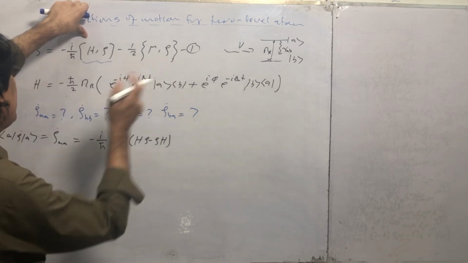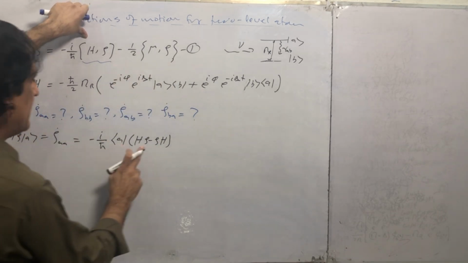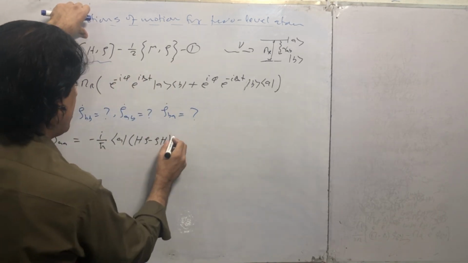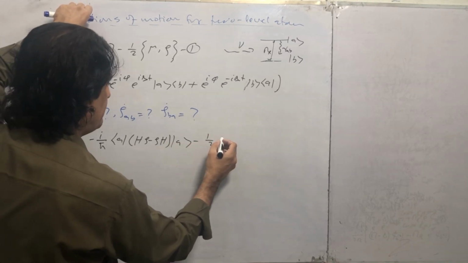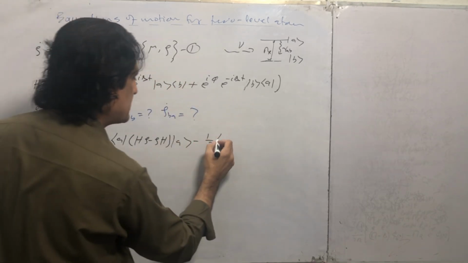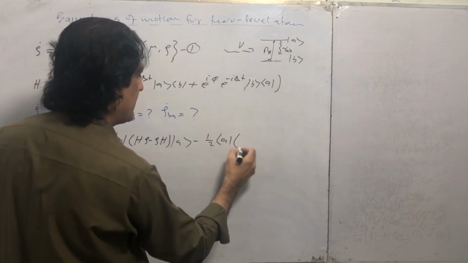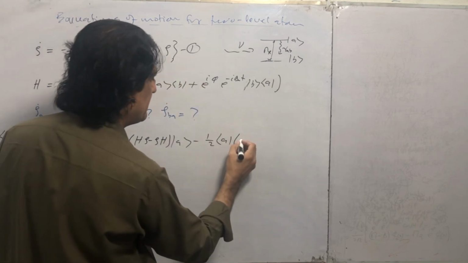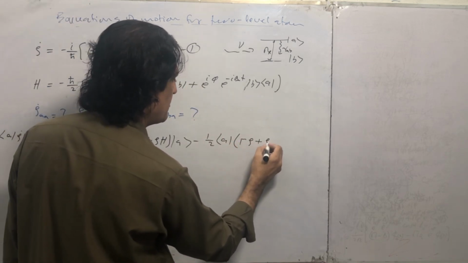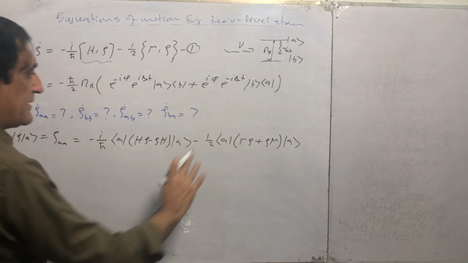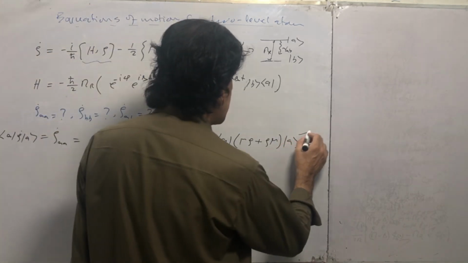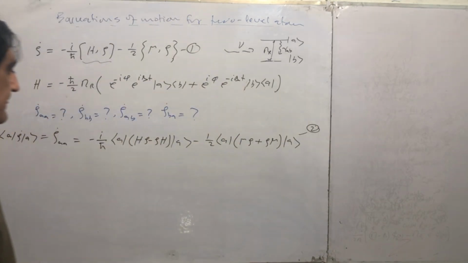We must expand the commutation relation, Hρ minus ρH, and <A|, minus 1/2, and we can also expand the anti-commutation, and this is Γρ plus ρΓ and |A>. Now this is equation number 2.